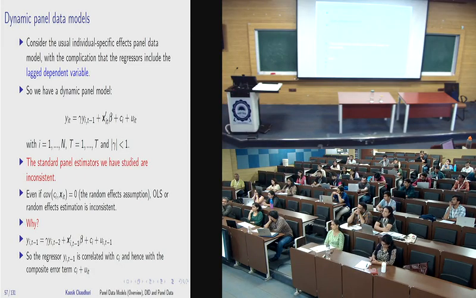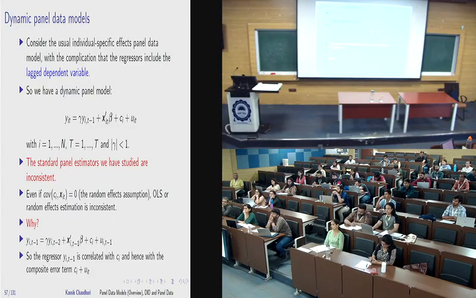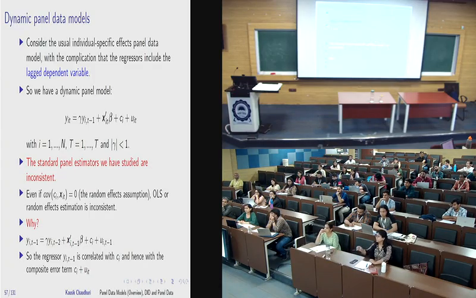Okay. So I then want to think that I have a dynamic model where Y_it depends on Y_it-1 plus the set of explanatory variables, plus unobserved heterogeneity c_i, with i running from 1 to n, t running from 1 to T. Note what I have assumed: the absolute value of the coefficient associated with Y_it-1 is less than or equal to 1.